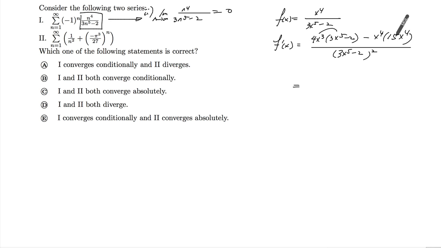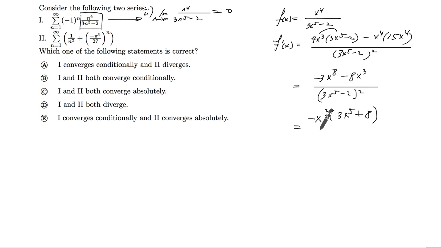So we have 12 minus 15. These are both power of 8, right? So 12 minus 15 is minus 3x to the power of 8, and then minus 8x cubed. So factor out minus x cubed, and you get 3x to the power of 5 plus 8.